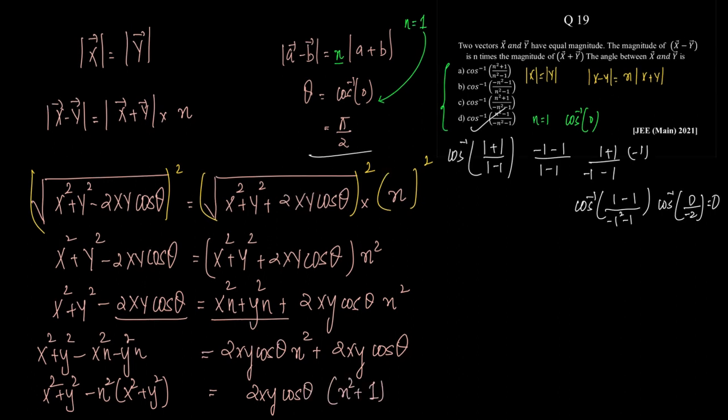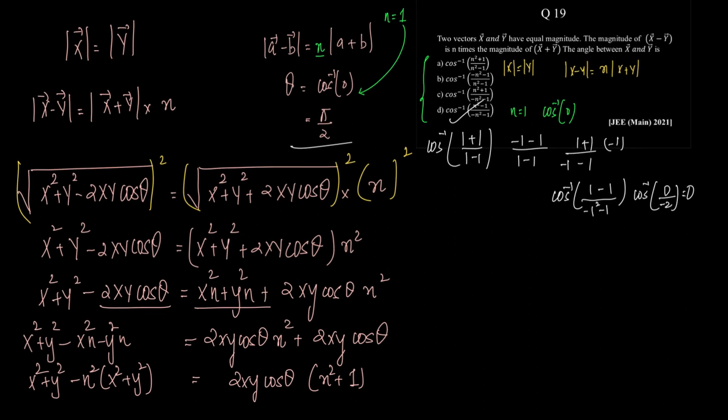Going even further, if I take x square plus y square common from the first two terms on the LHS, we get x square plus y square into 1 minus n square is equal to 2xy cos theta into n square plus 1.